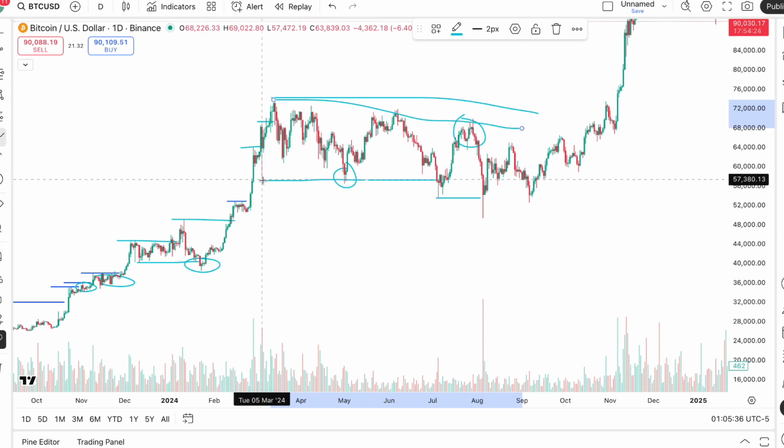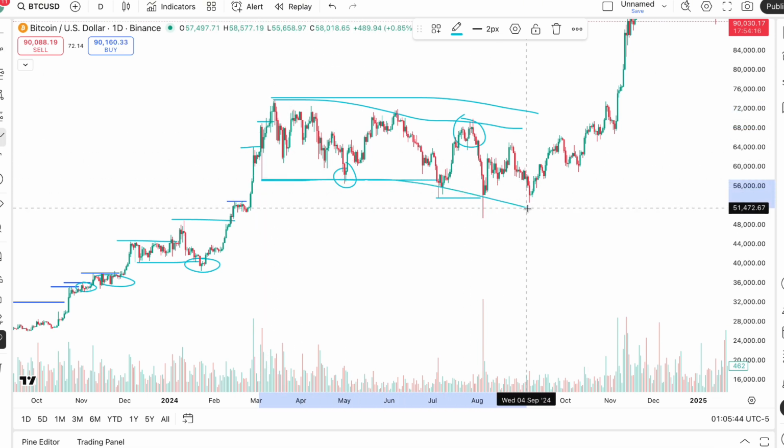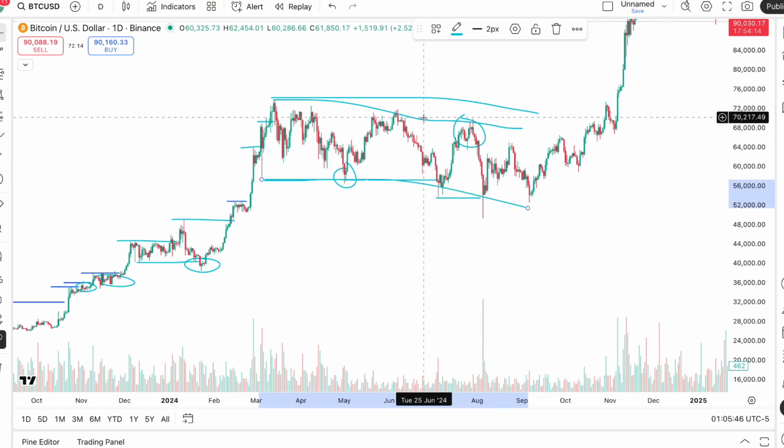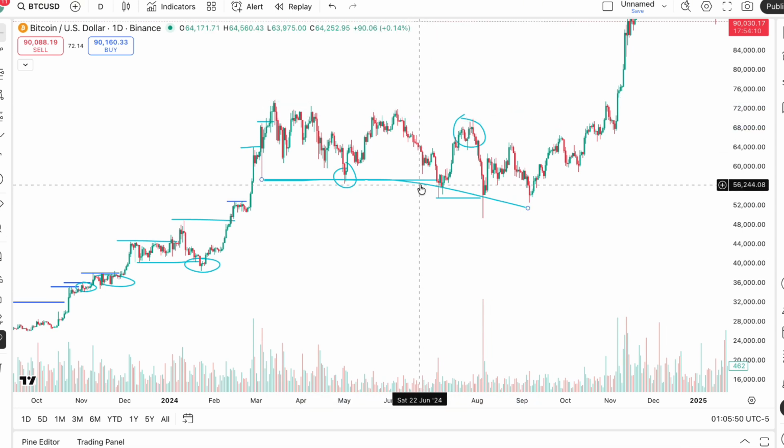So I was saying to a couple of the people that I'm training at the moment that this was a bullish pattern when this was happening, a bullish flag, but it was downtrending. It did start to downtrend.